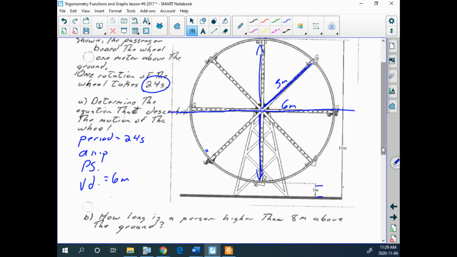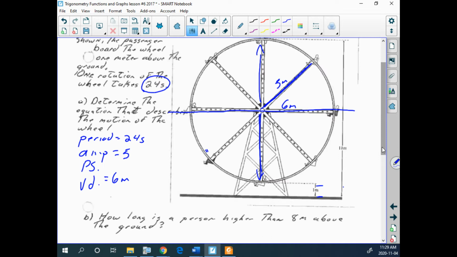Gives us our amplitude. The radius of any circle is generally the amplitude of the function. Okay? The phase shift is going to be a bit of a problem.